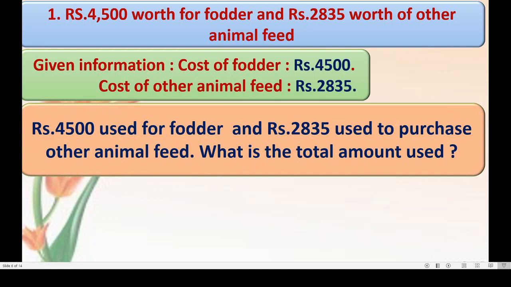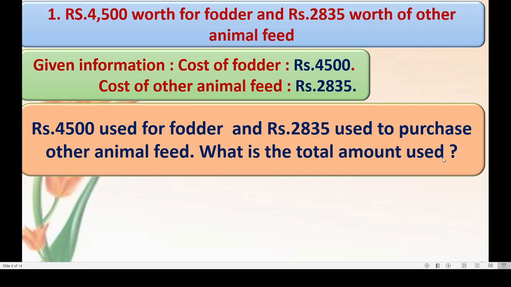Try to make a simple word problem by using this given information. Rupees 4500 used for fodder and rupees 2835 used to purchase other animal feed. What is the total amount used?